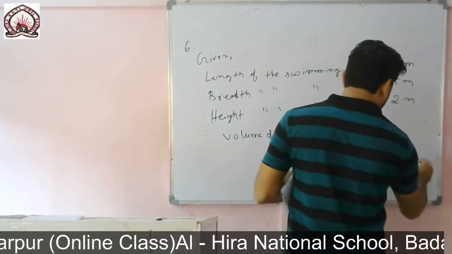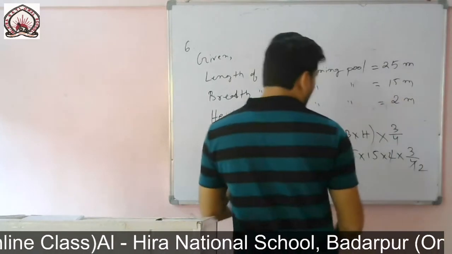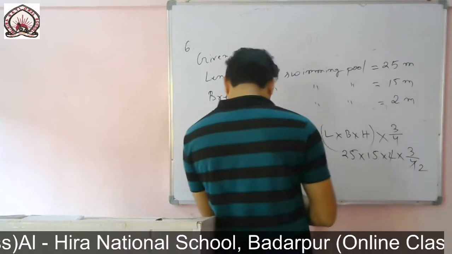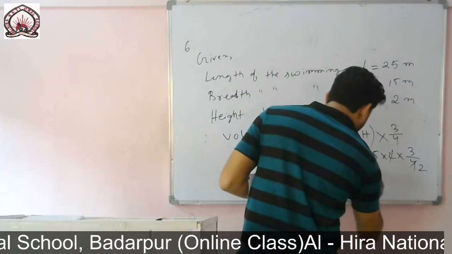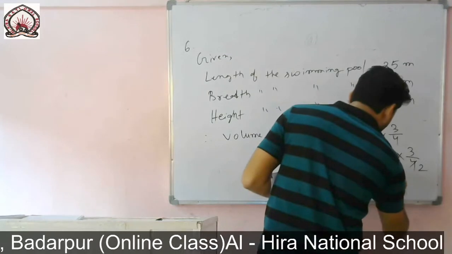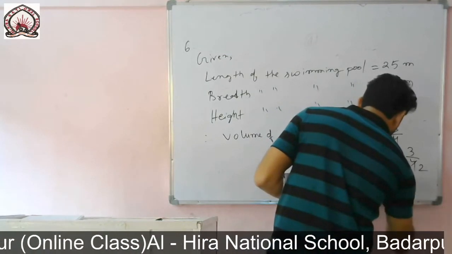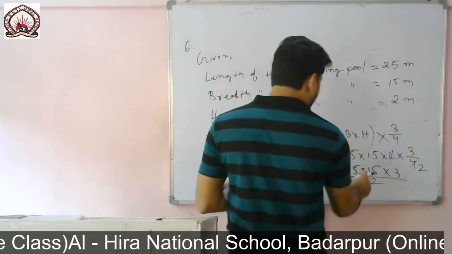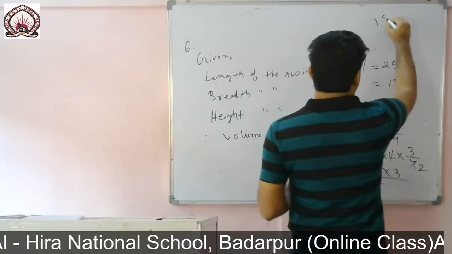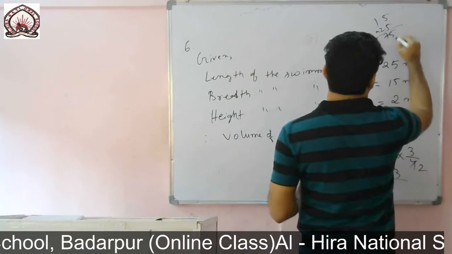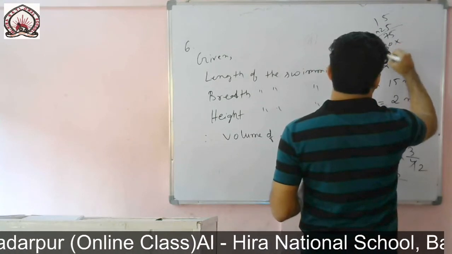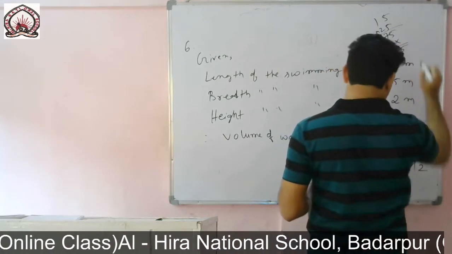So if you cancel, then we are getting what? 2. Then 25 into 15 into 3/2. So 25 into 15, you multiply, 375.